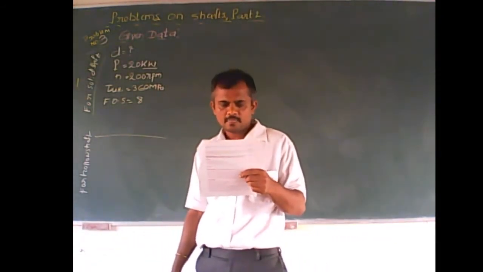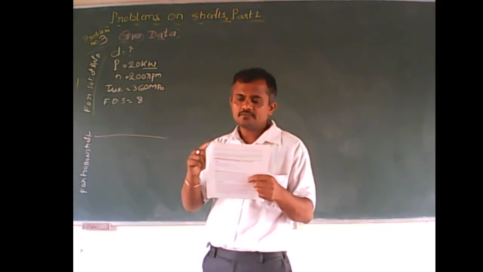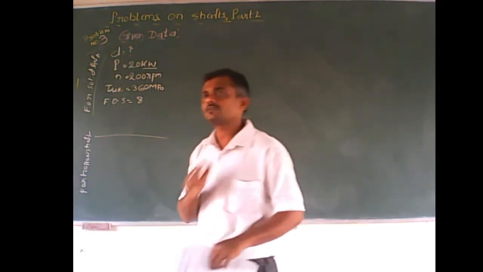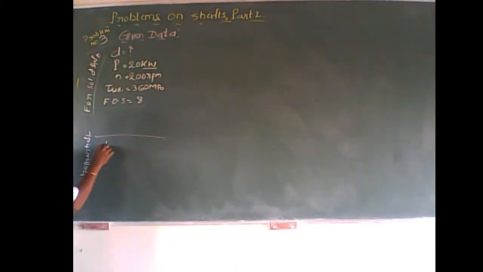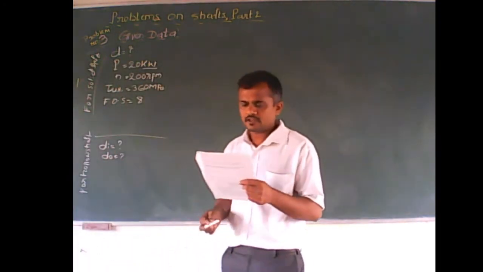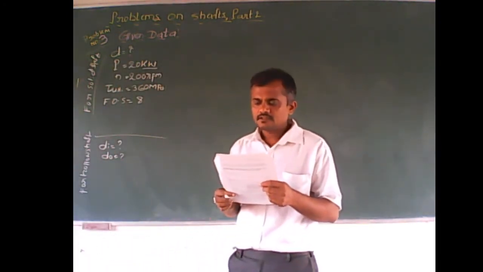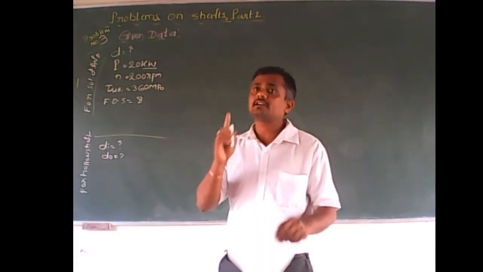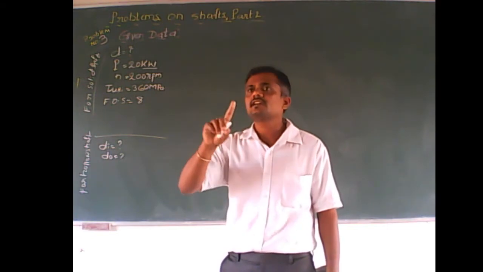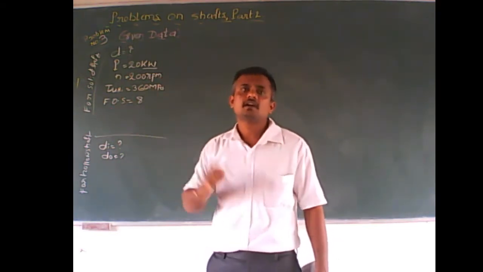Here he says, if a hollow shaft is to be used in place of a solid shaft, find the inside and outside diameter. You have to calculate d inner and d outer when the ratio of inside to outside diameter is 0.5. See, 0.5 means it's less than 1; it's a ratio of the lower value by the higher value.